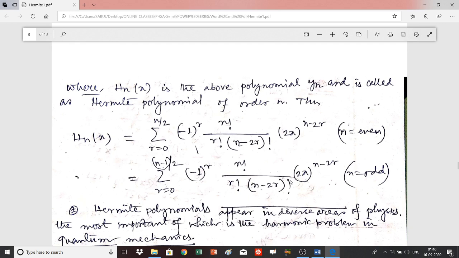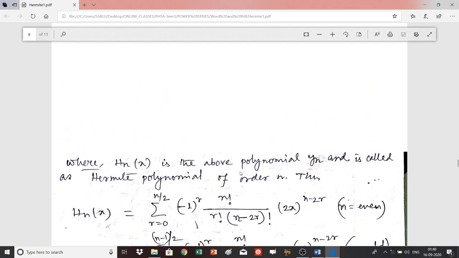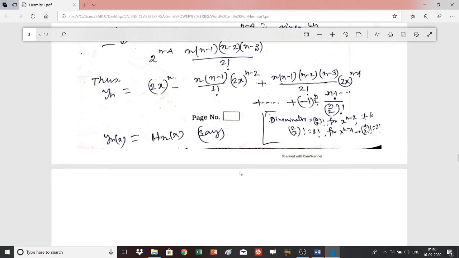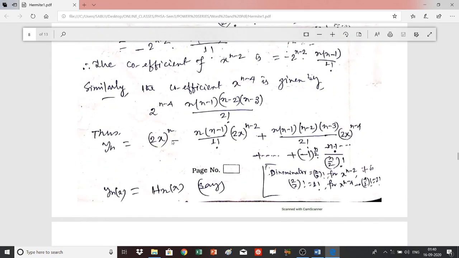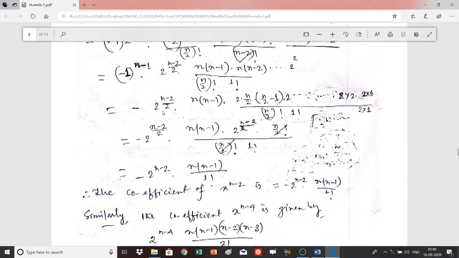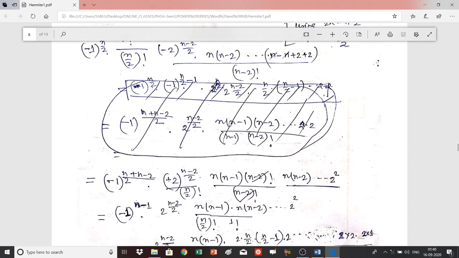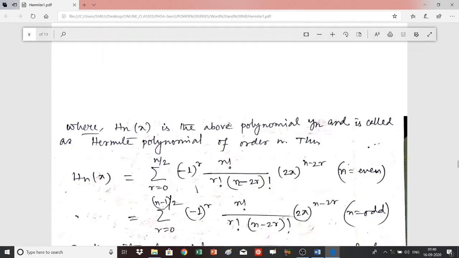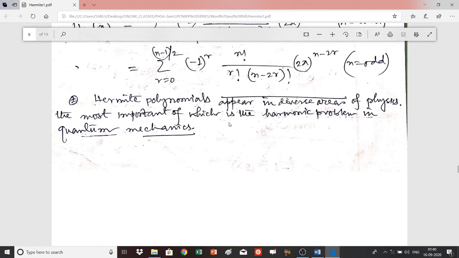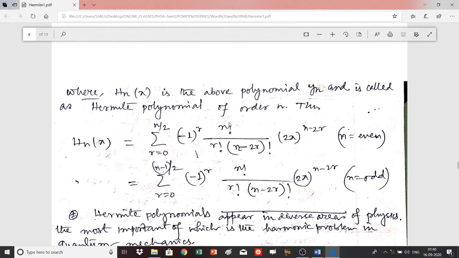And if you use different values of r, or substitute r in these two relations, you can find out all the coefficients of x as calculated in this calculation and its previous calculation. So you can check it, or you can take it as your homework to compare from this relation.